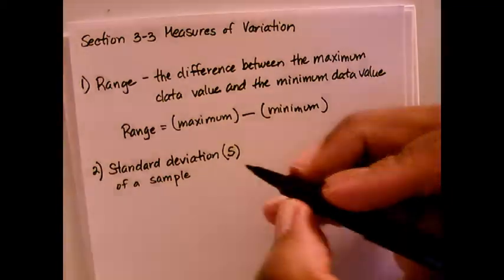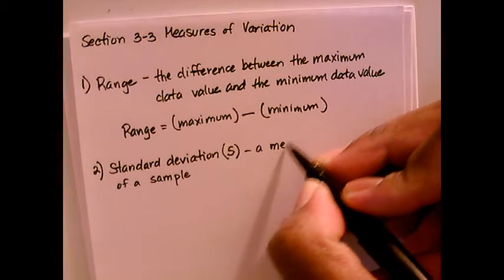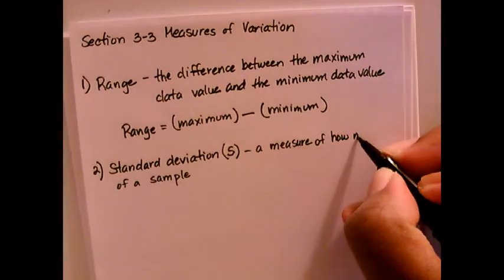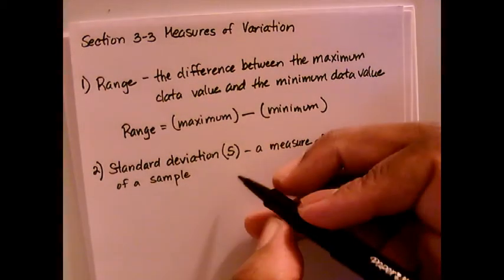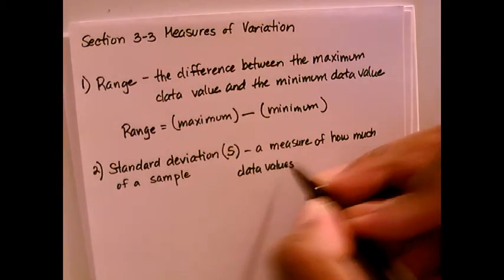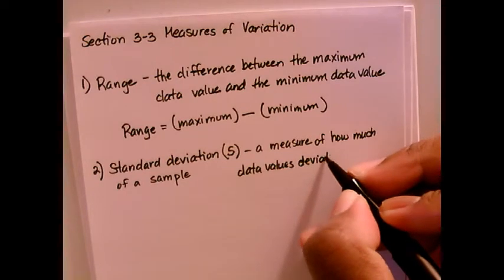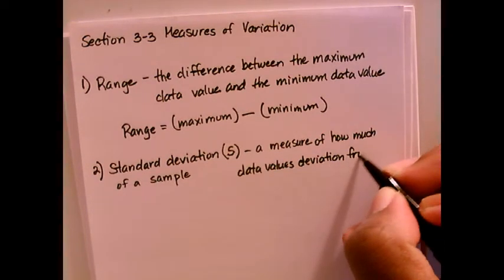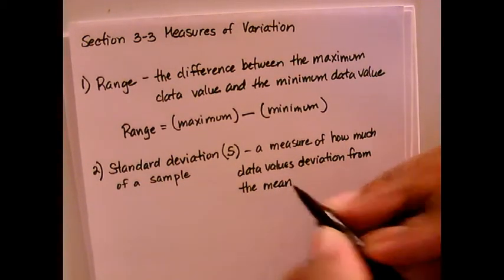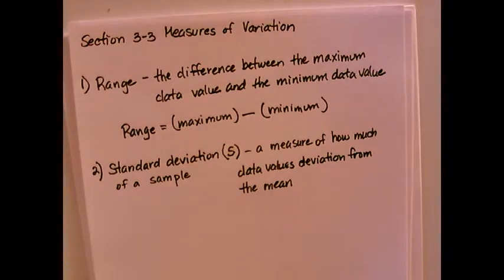By definition, it is a measure of how much those data values deviate from the mean. In other words, it gives us the spread of the data, how much those data values are spread out from the mean, or from the sample mean.